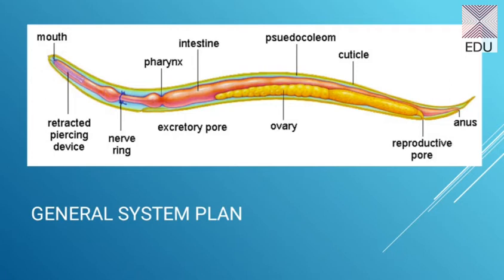Students, we are starting with the very first system now, and that is the digestive system. As I have earlier told you, this is a very simple system. It starts with the mouth and ends with the anus.